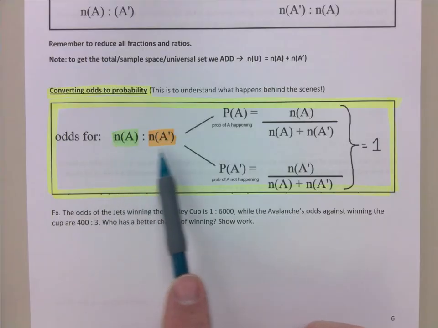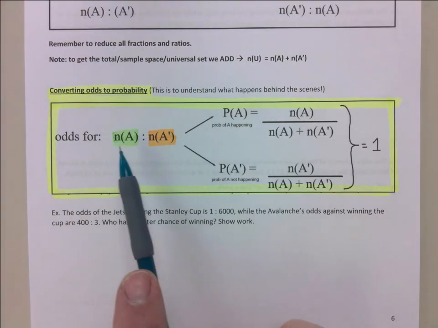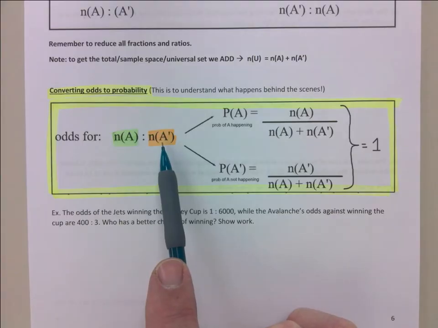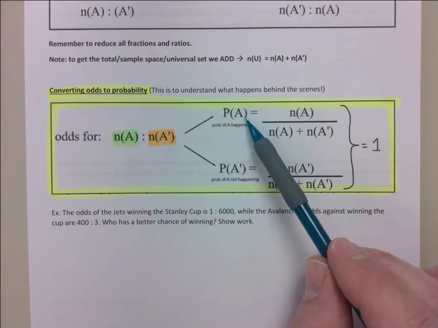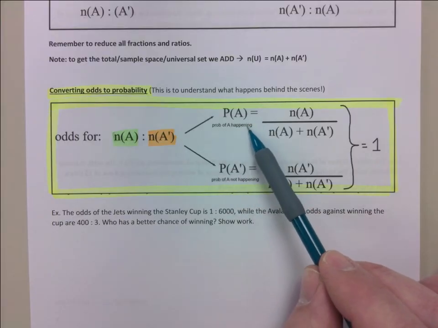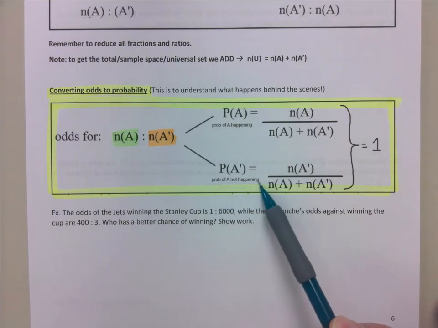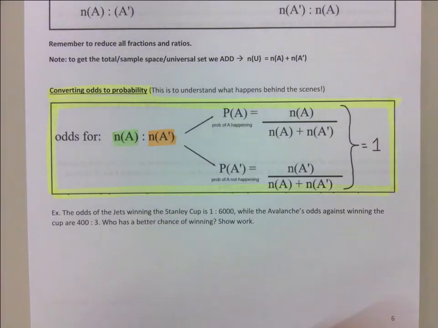Okay, so let's imagine you have odds. I give you odds, you have numbers like this, and you're supposed to convert it to probability. So probability of it happening, probability of something not happening. Watch what I'm going to do.